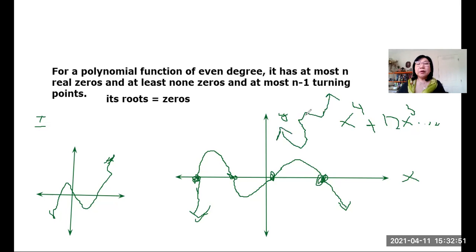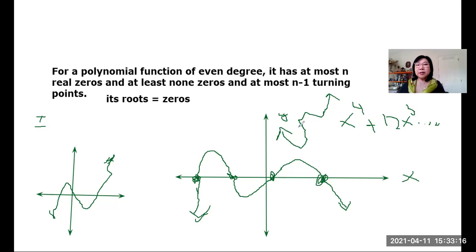Now, obviously, this function never crosses the x-axis, right? You don't know how many degrees are in here because you cannot count how many zeros it has. You cannot count like that because it starts from up top here and it never touches the x-axis. But this is still a function and they have the same direction. They both go up at the end points.